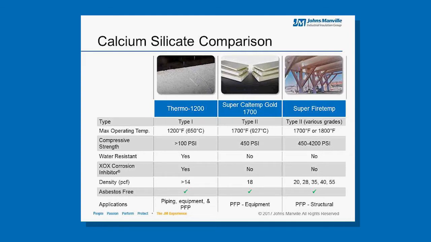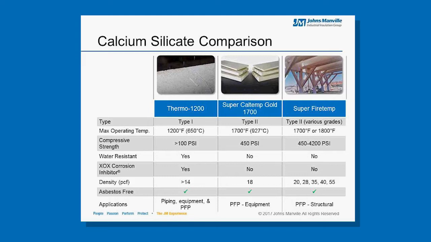Looking at the 3 different products, Thermo 1200 is exceptional from a compressive strength standpoint. It also is used as the primary for insulation, whereas Super Caltemp Gold and Super Firetemp are primarily used for fire protection applications. If you look at Super Firetemp and Super Caltemp Gold, they're primarily used for passive fire protection for equipment and for structural applications.